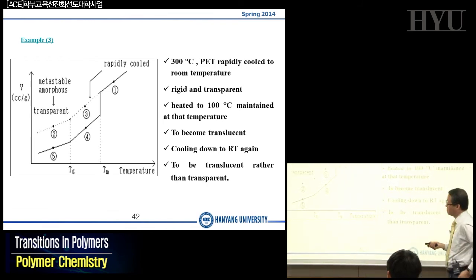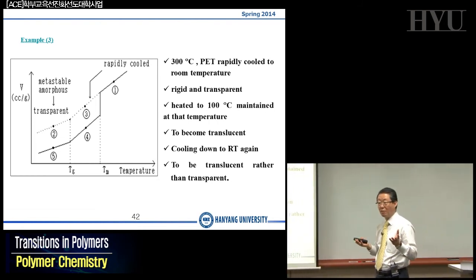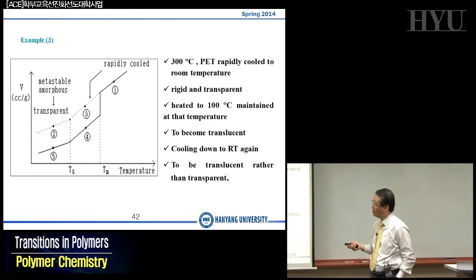So think about your film. For example, a semi-crystalline film will go from state 5, increase the temperature to 4, further increase the temperature, will become number 1 state, which is in a molten state or melt state, right? So your material is melt, liquid phase.